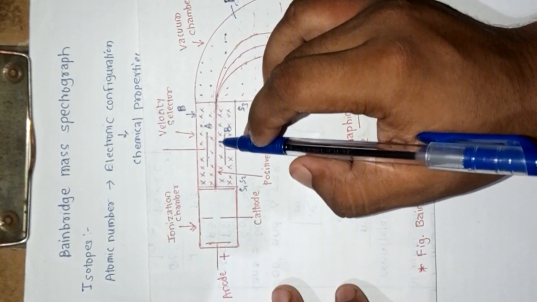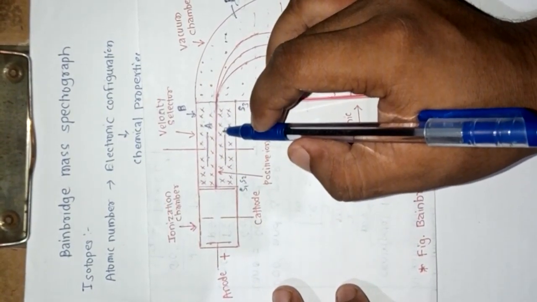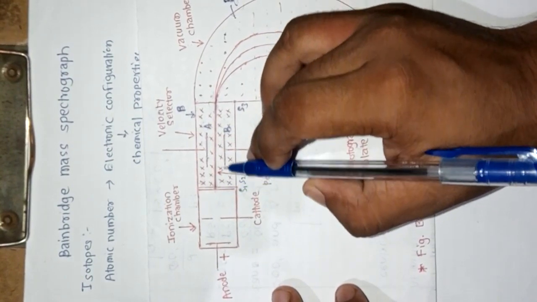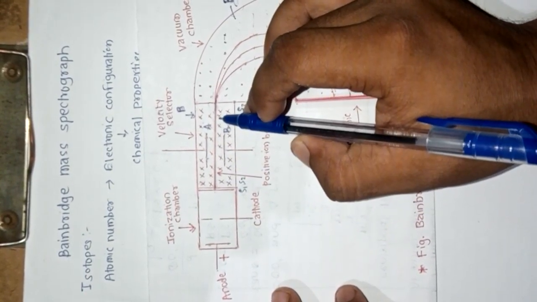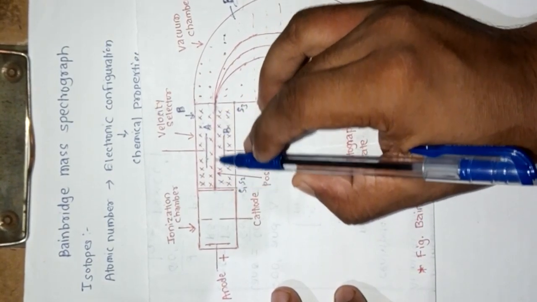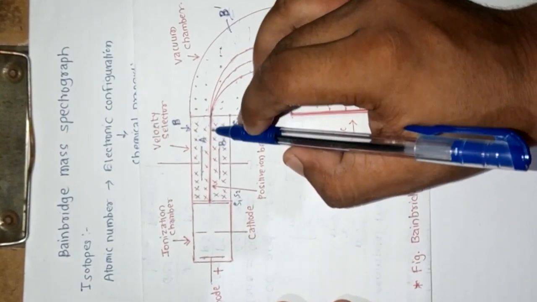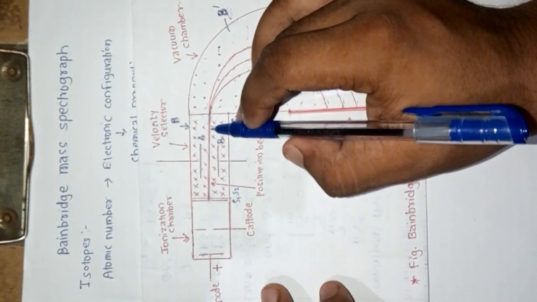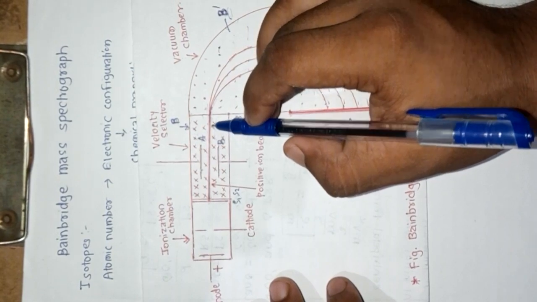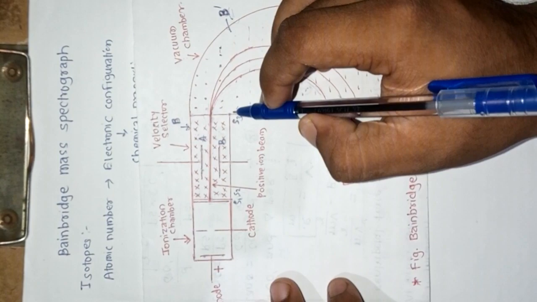After passing through this velocity selector, the ions in this beam become equal in velocity, and this beam moves in a straight line path like this. After that this beam passes through the slit S3.